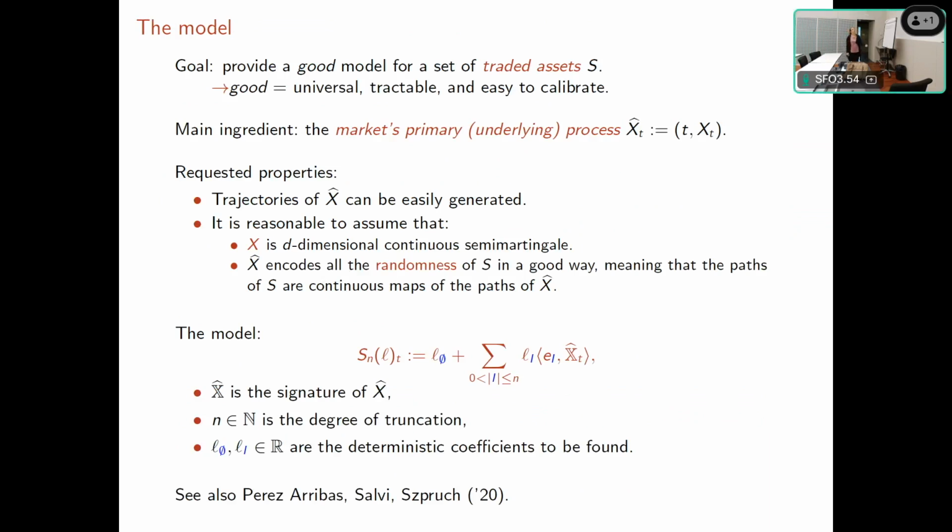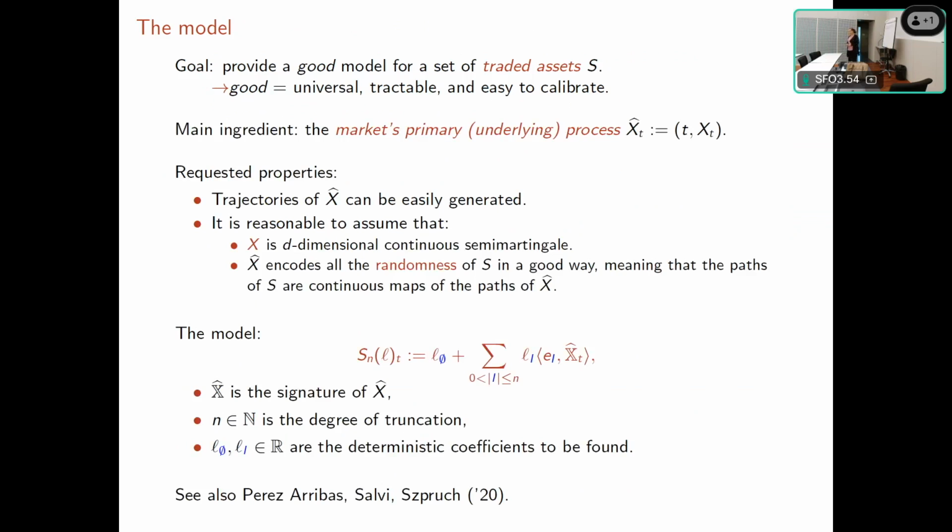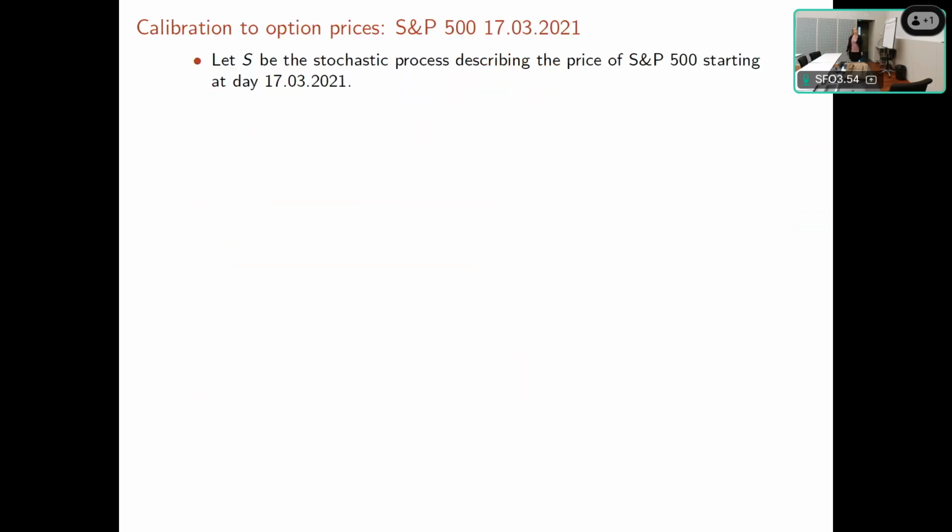It should be an object that you know and that contains the randomness of, for example, the price that you want to use, like a Brownian motion, for example. And then, as soon as you have it, of the depth that you would like to have, then you can try to see if we can fit, for example, implied volatilities.